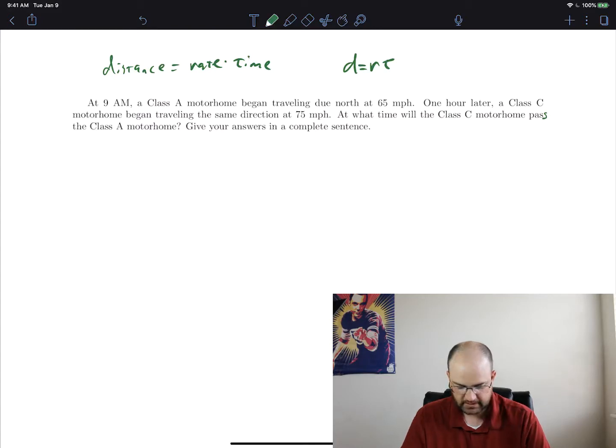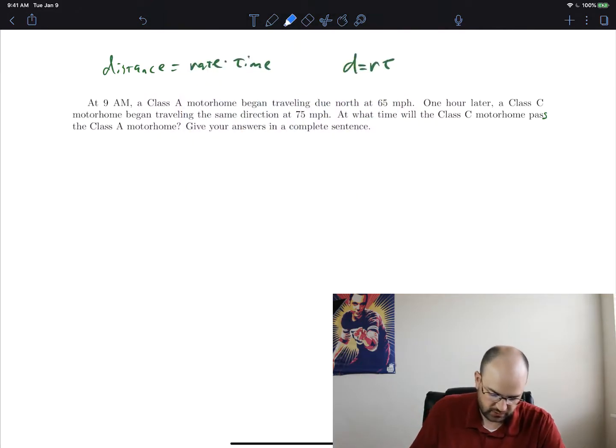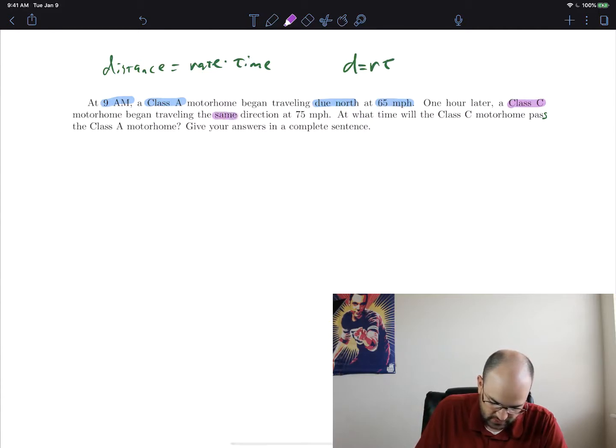Well, here's the thing. Let's go ahead and look through this very slowly and methodically. The first thing we're going to do is look at the Class A motorhome. It began traveling due north at 65 miles per hour at 9 a.m. Then the Class C motorhome began traveling in the same direction, 75 miles per hour, and that was 1 hour later.